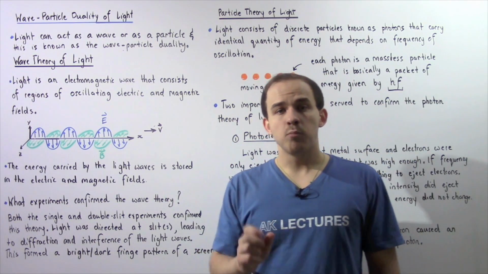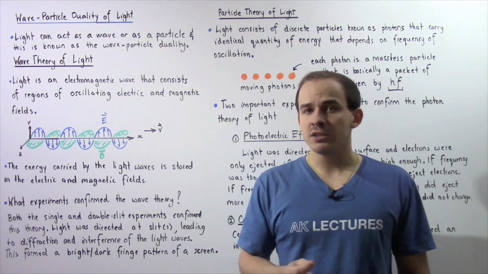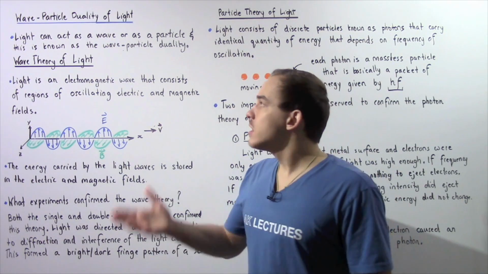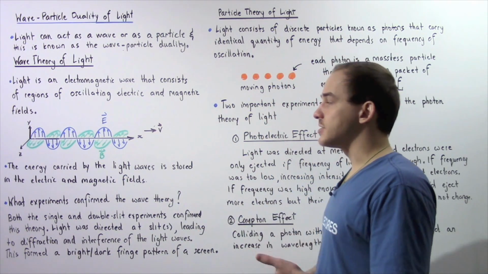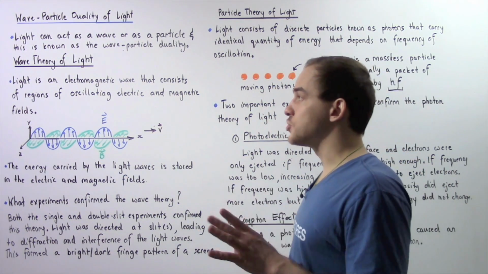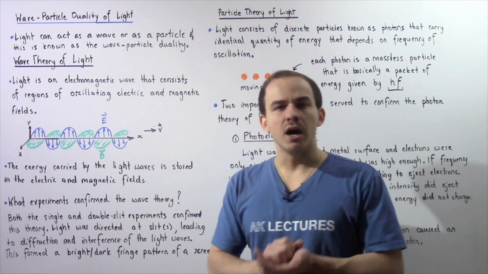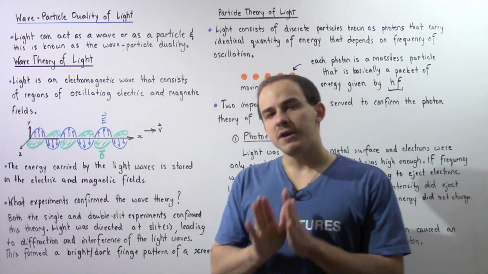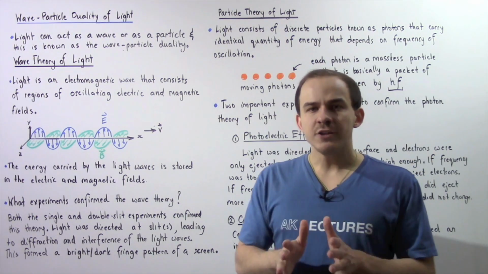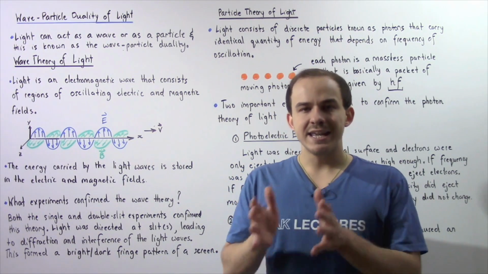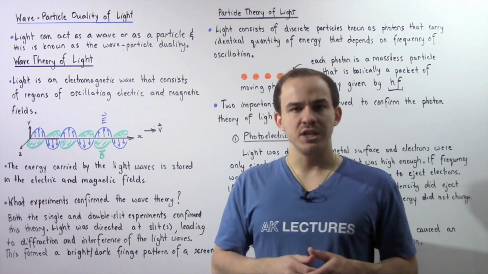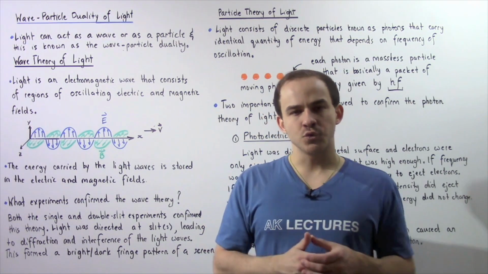Now, there are two important experiments that were conducted which basically confirmed the wave theory of light. And these two experiments were the single slit and the double slit experiment. Now, in both experiments, light was essentially directed at either a single opening screen or a double opening screen.